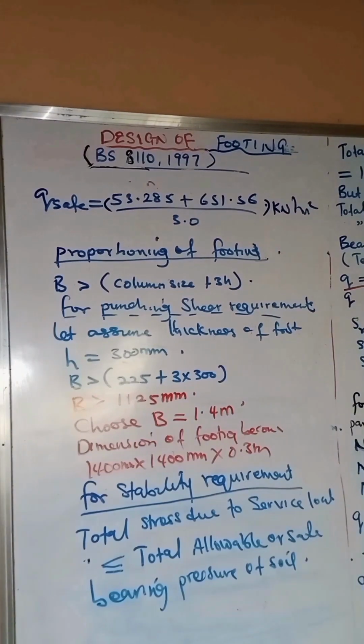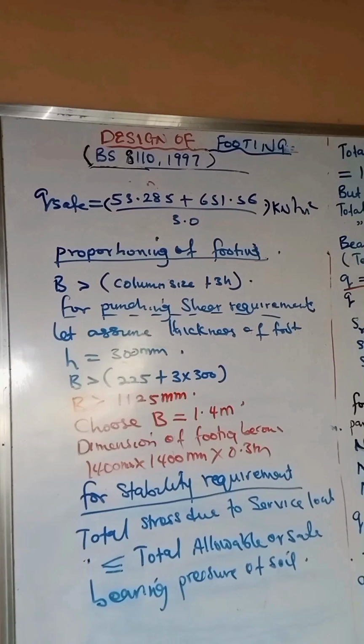Once we are able to get the total service load, this total service load must act on the soil. So this total load is going to be inducing stress on the soil, and the area over which the load acts is equal to the area of our footing. If we do that, we can get the stress induced on the soil due to this load.